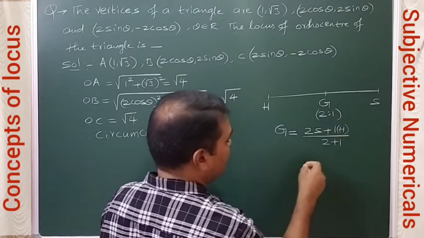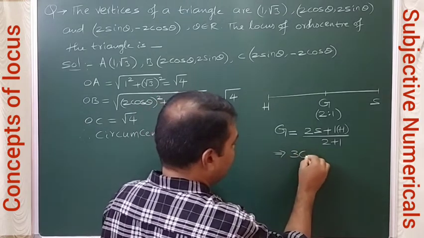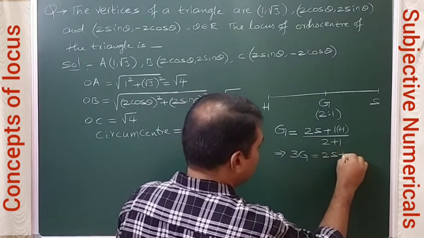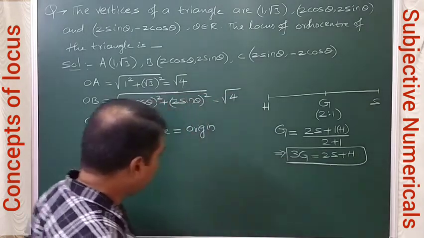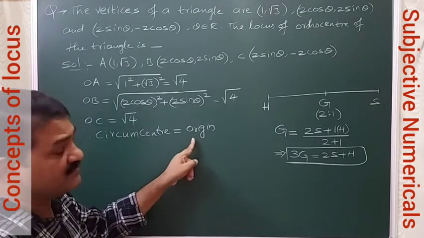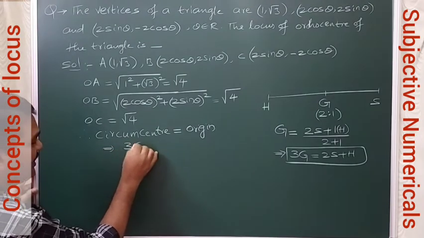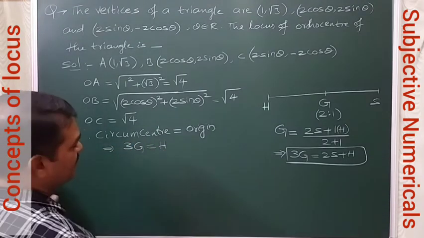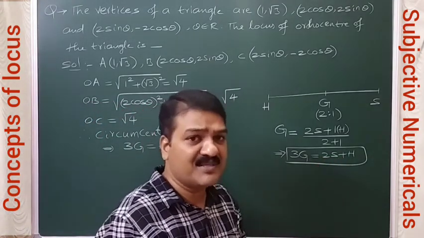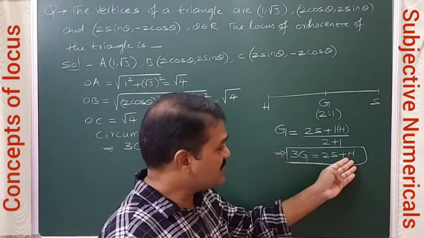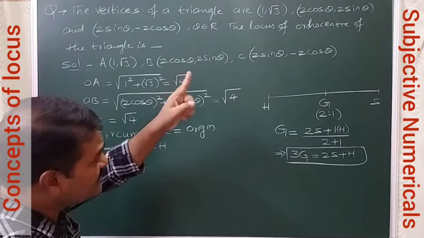This is the relation connecting circumcenter, orthocenter and centroid: 3G is equal to 2S plus H. So here we got that circumcenter is origin. When circumcenter is origin, we get that 3G is equal to H, because 2 into origin, that is 0 comma 0 only. Therefore H is nothing but 3G. And now the orthocenter locus is required.